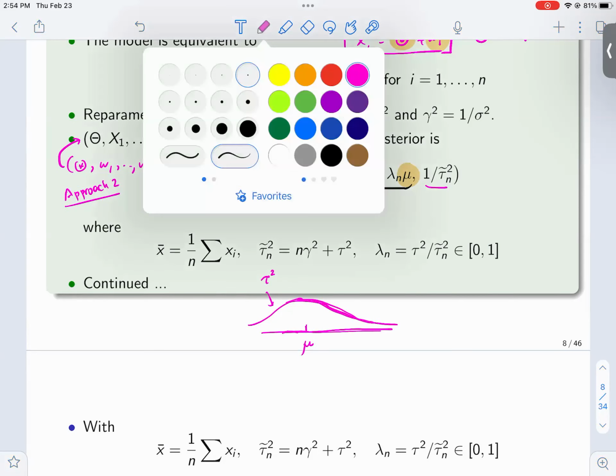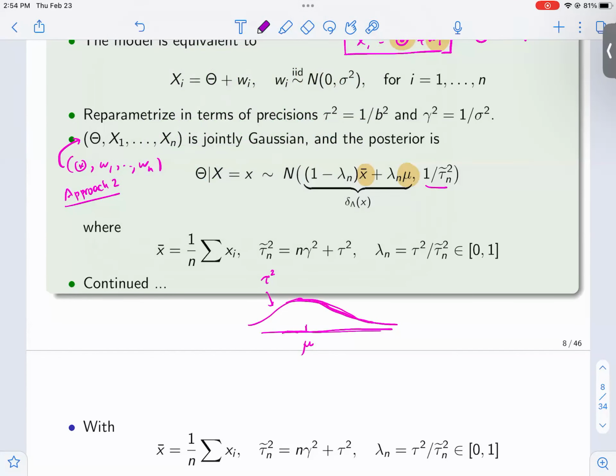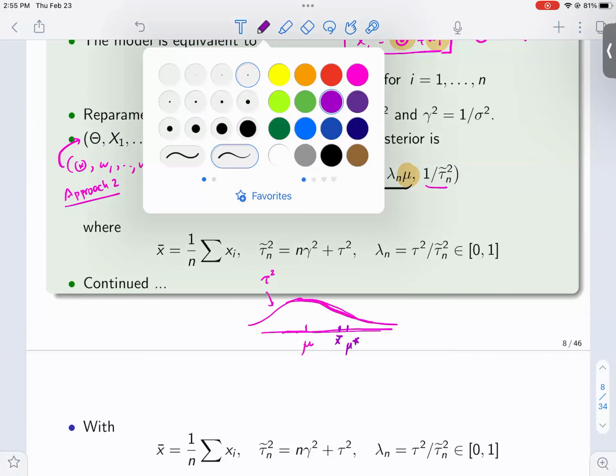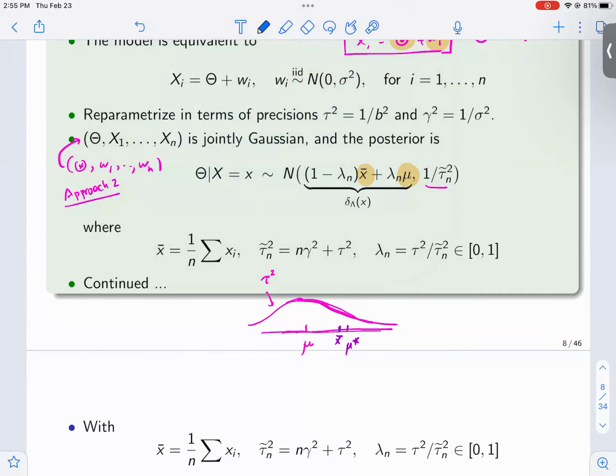As you get more and more samples, maybe x bar is getting close to this point. This is maybe theta star or mu star. The true mu, let's say, is here. X bar gets very close to this, and your posterior is going to be like this.